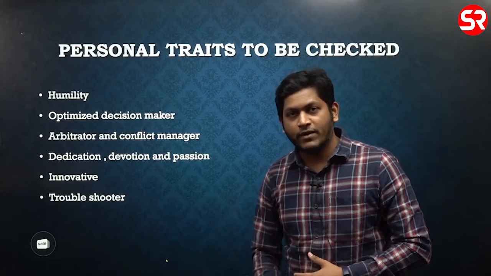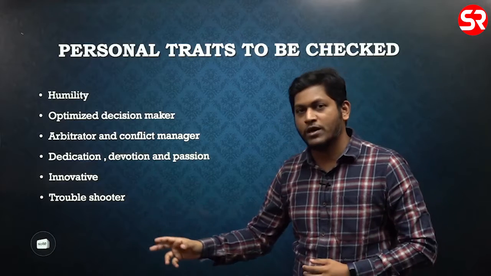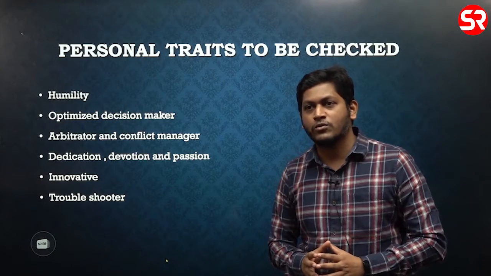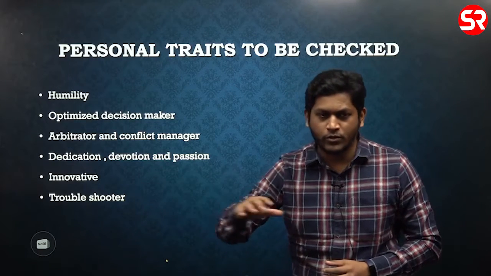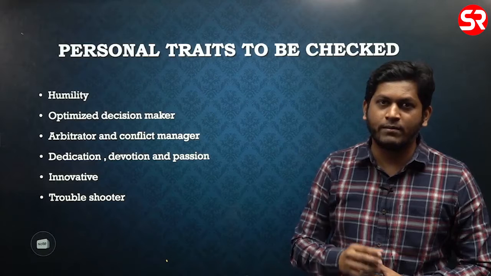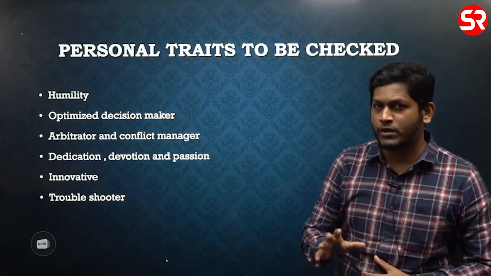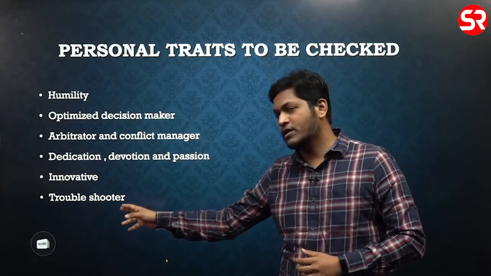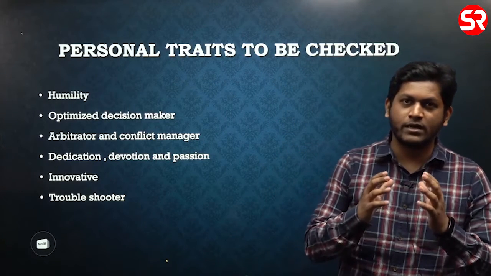Then comes the final attribute, which I think is the key area: the troubleshooter. A troubleshooter is someone who is able to turn around a situation, who is able to find a particular solution to the problem there and on the spot itself. Especially the people who are opting for IPS, be very thorough with this troubleshooting factor, because you are never going to get reaction time.